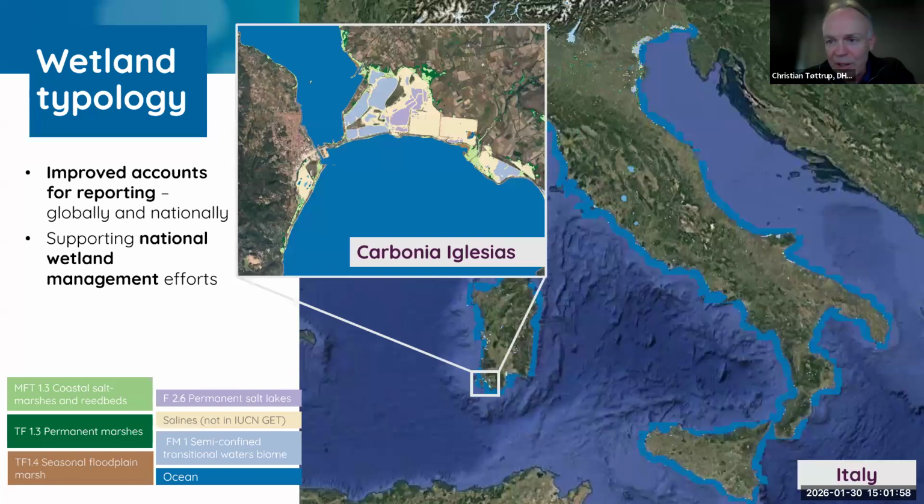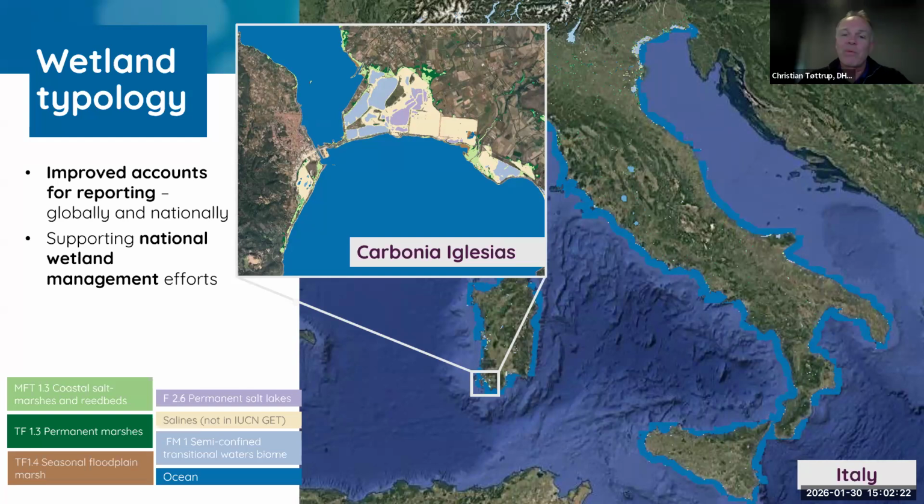Right now, we are demonstrating this with a number of pilot countries. So we have Italy, Algeria, Kenya, Colombia, plus Madagascar in the pool of pilot countries. And we are most advanced with Italy, where we have produced the first full national scale map according to this proposed framework.